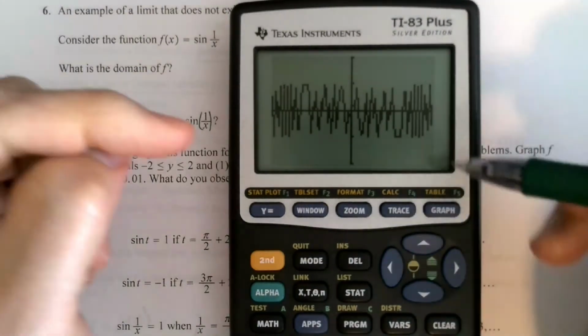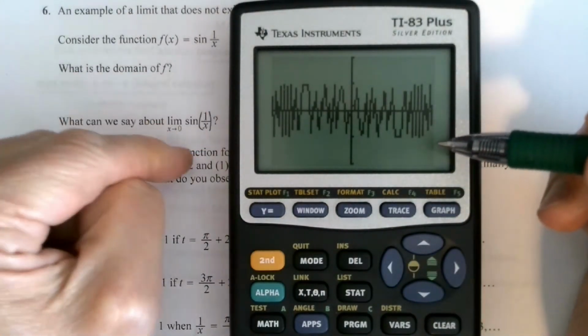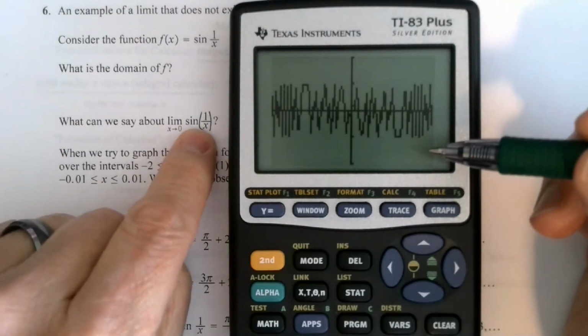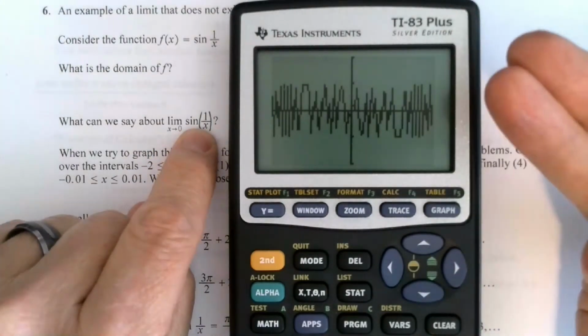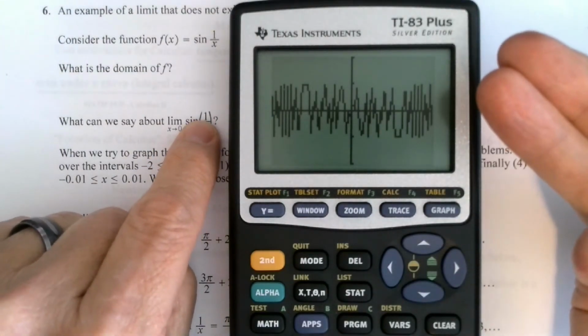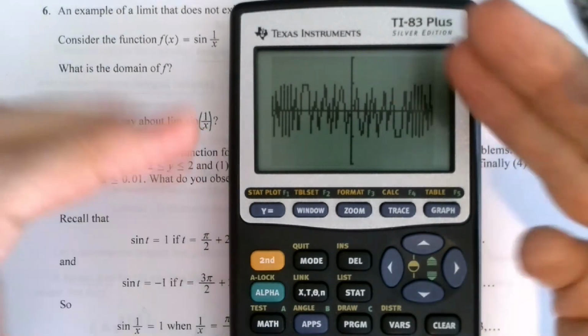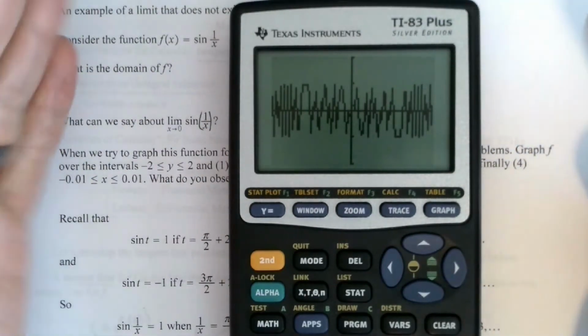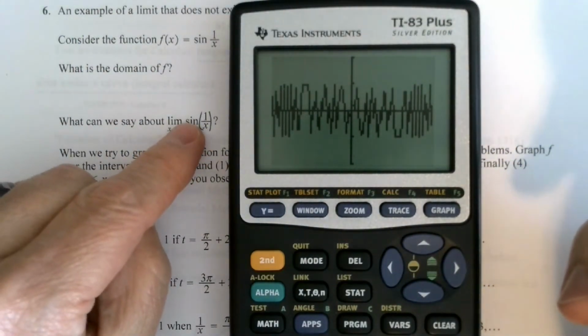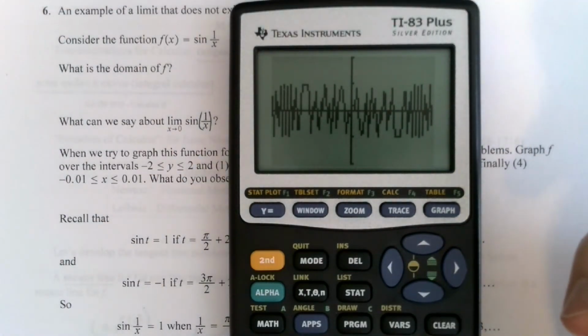Basically, as x gets closer and closer to 0, 1 over x is getting larger and larger. You take 1 divided by a smaller and smaller number, the output gets bigger and bigger. And the sine function, as the input gets bigger and bigger, just keeps bouncing between 1 and negative 1.